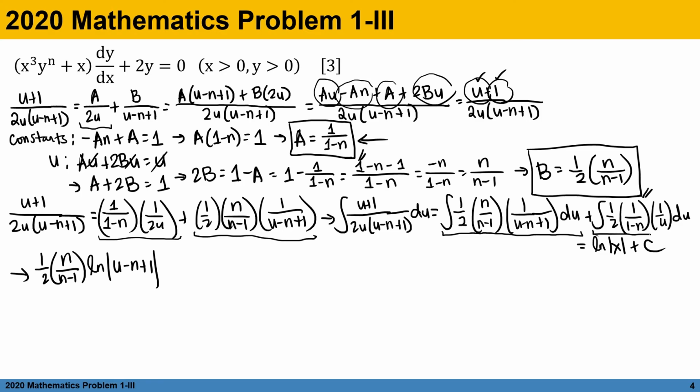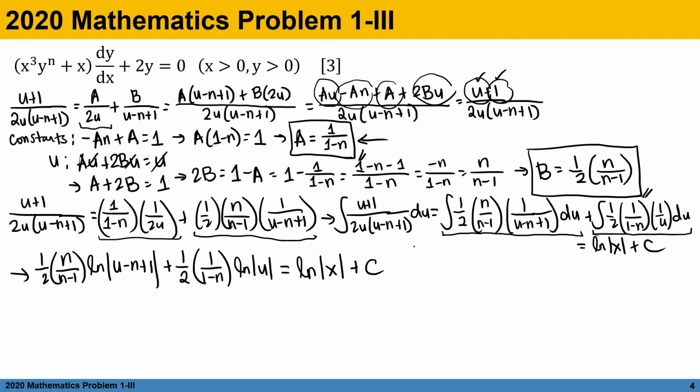And then for the second term, we can extract 1/2 and 1 over 1 minus n. So we have plus 1/2 times 1 over 1 minus n. The integral of 1 over u du is ln of u. And this is equal to ln of x plus c.